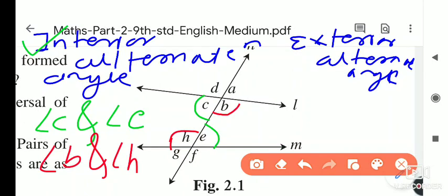Now exterior alternate angles. If you see here, the exterior part is above and below these lines: line M's below part and line L's above part.